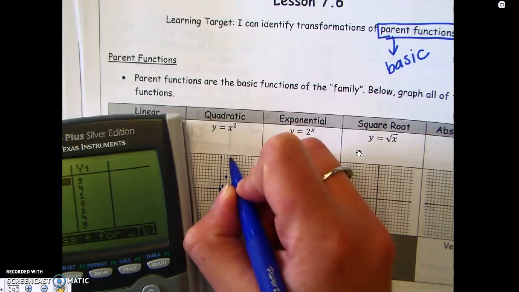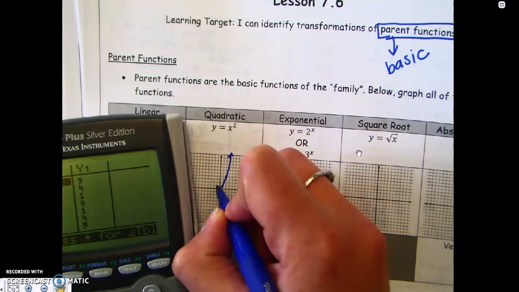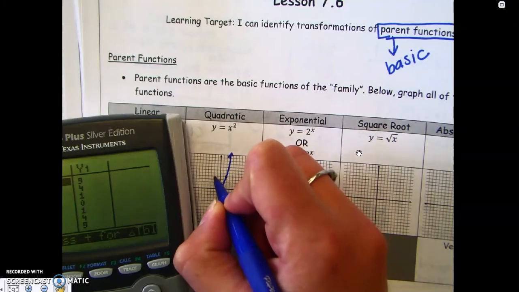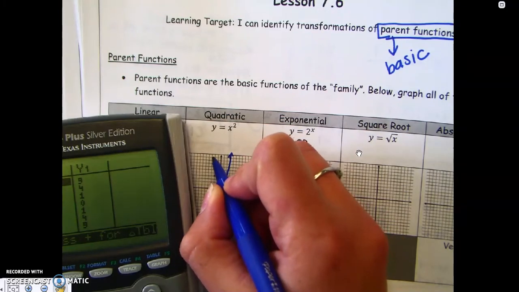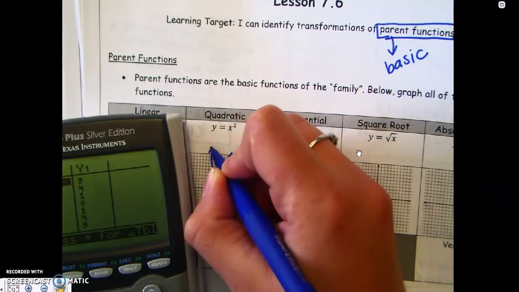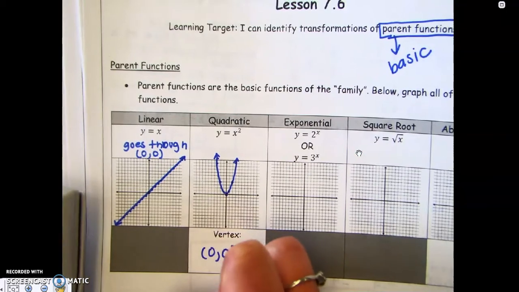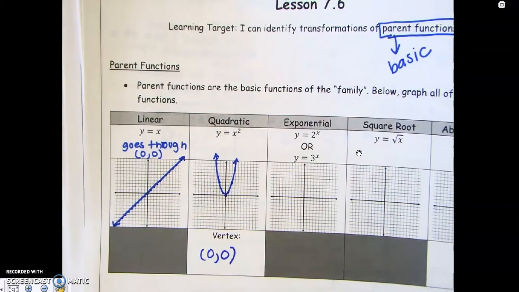So I know it's hard to see. If you need to just kind of sketch it, that's fine. I know it's kind of hard to see here. So just kind of sketch it so you have an idea of what it looks like. Okay, but you'll notice that the vertex of this is 0, 0. So that's the basic function of there.